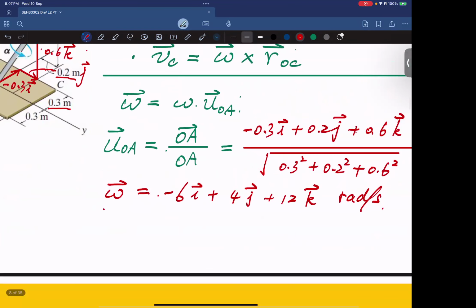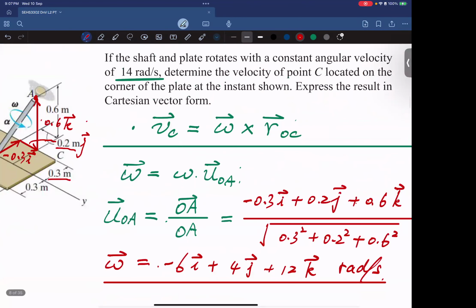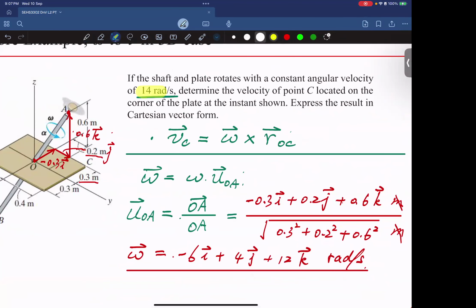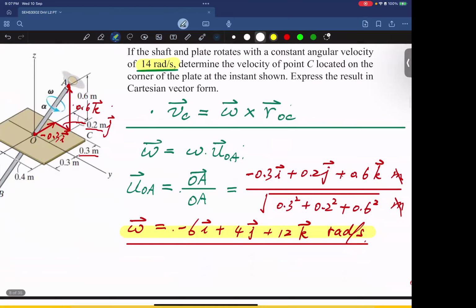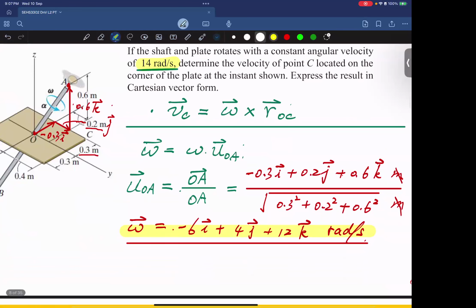This is the vector omega. We know the scalar omega is 14 radians per second. Now it becomes the IJK version, so this omega contains the magnitude as well as the direction. By using omega cross R_OC, we can find point C's velocity.